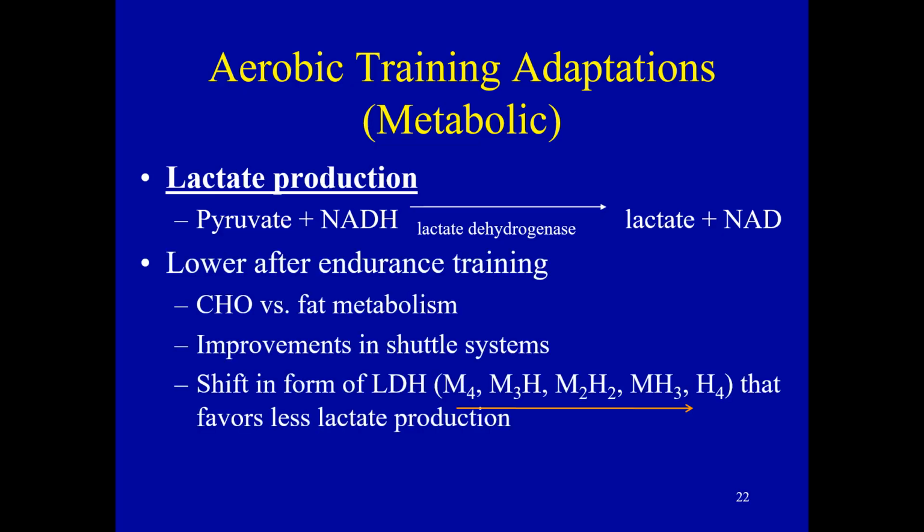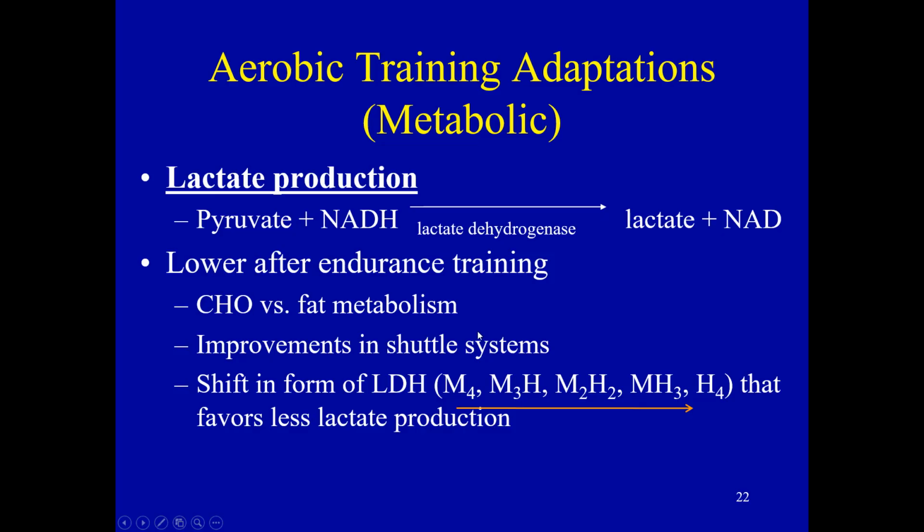After endurance training or aerobic training, you tend to get a reduction in lactate production, at least at a given workload. So why would that be? Well, we just had this discussion of carbohydrate versus fat metabolism. If you're better able to use fat after training, that is naturally going to lead to less lactate, because we know lactate production comes from carbohydrate metabolism.